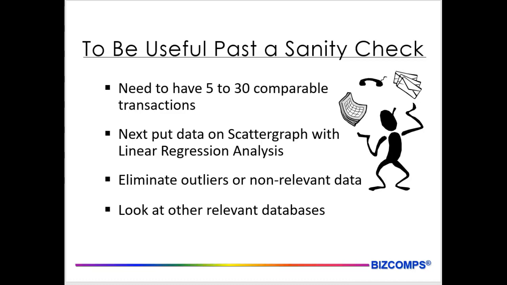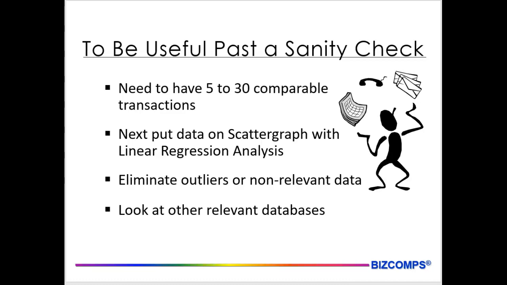The next thing you have to do is determine whether or not that data is close enough to each other to determine what we call the measure of central tendency. So the way we can do that is looking at that scatter graph we saw just a minute ago with the linear regression line. And the BIZCOMPS database does that for you. You just have to click on the tab at the bottom and you'll see it. And then of course you can eliminate outliers and non-relevant data and make it tighter and bring that regression line in.